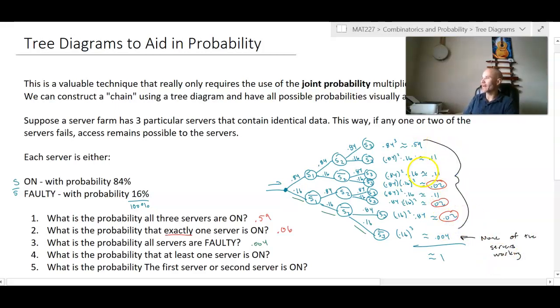Well, instead of doing that, instead of having to add a bunch of things, since we know that all of these 8 things sum to 1, we can just take 1 minus the probability of none. This is our at least one rule. At least one would mean 1 minus the probability that none of them are on, 0.004, which comes out to 0.996. There's a 99.6% chance that at least one server is working.